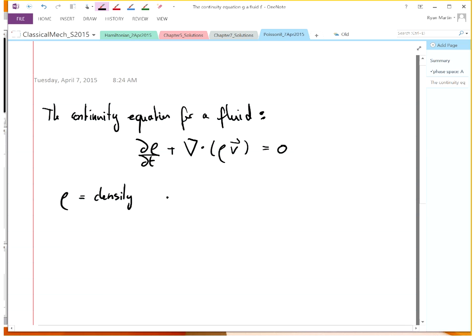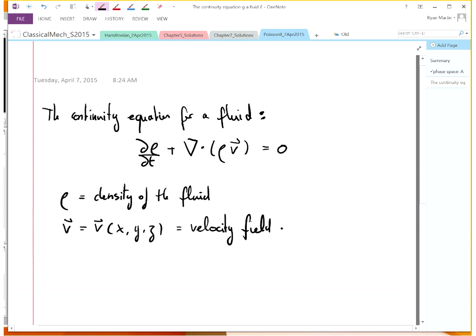So ρ is the density of the fluid, and v, a function of position in space, is the velocity field of the fluid.